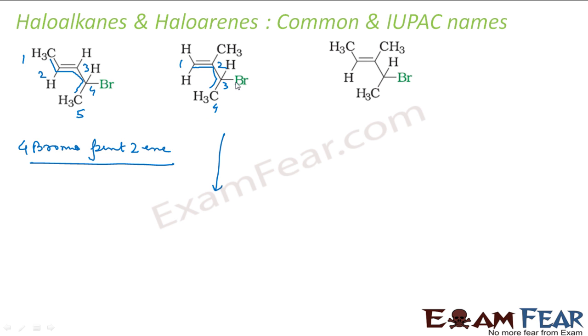At third I have a bromo, so I have 3-bromo. And then it's 4 carbon in the chain, so it will be but. At first position I have a double bond, so but-1-ene. So this is the name of this compound.